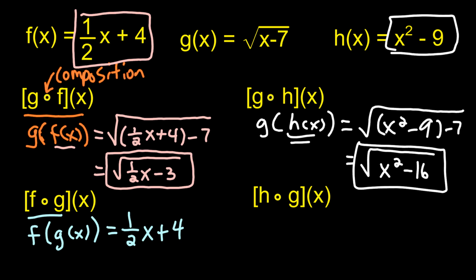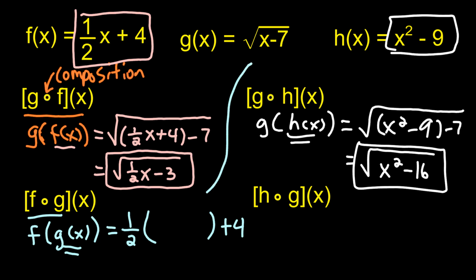Oh, but I already messed up, didn't I? Forgot to replace the x. So we're going to do 1/2 x plus 4, and then I'm going to plug in g of x where there used to be an x. So that's going to be the square root of x minus 7.